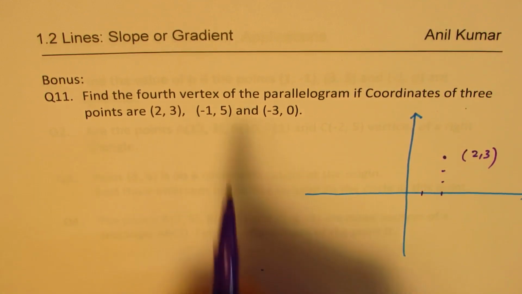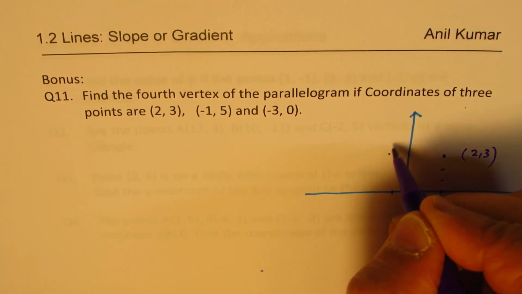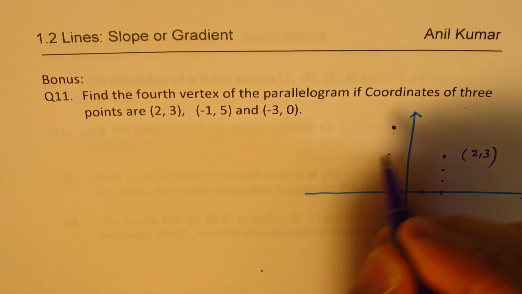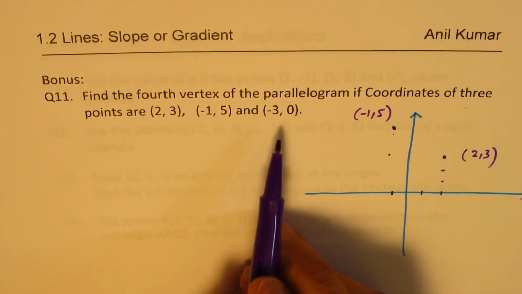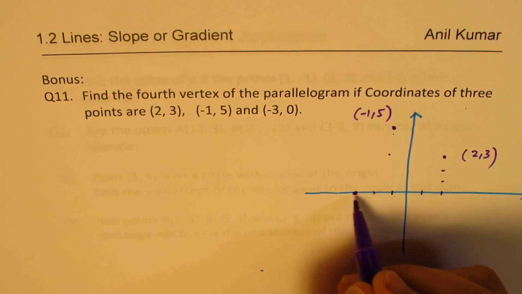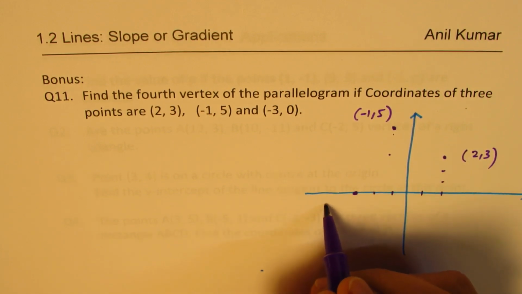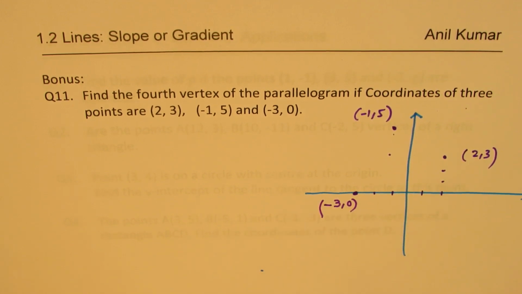Minus 1, 5, that means minus 1, and 3 is here, 4, 5. Let's say this point is (-1, 5). Then we have (-3, 0), that means 2 and 1 here. So this point here is (-3, 0). So these are the 3 points given to us.